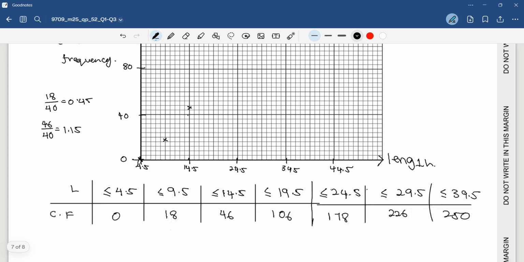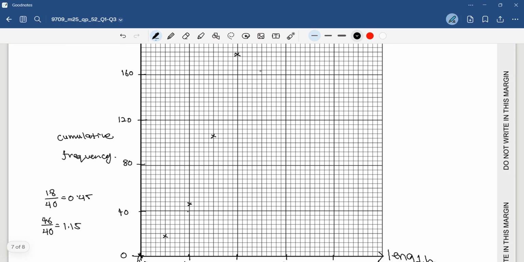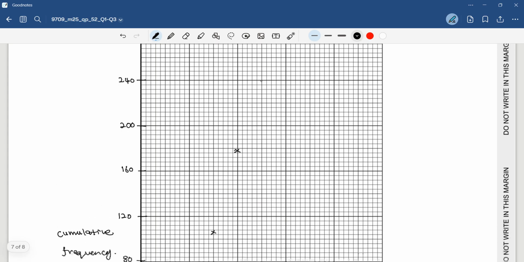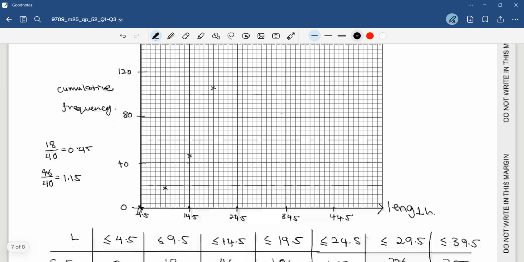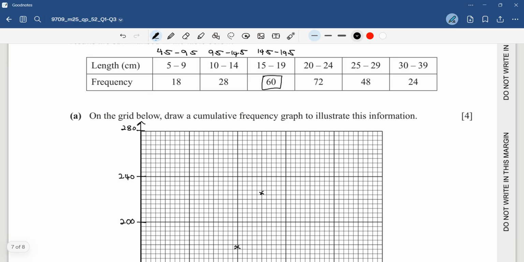And then 29.5 is 226 divided by 40, 5.65. 29.5 is here. And the last one, 250, is at 39.5, somewhere here. So 250 divided by 40 will be 6.25.